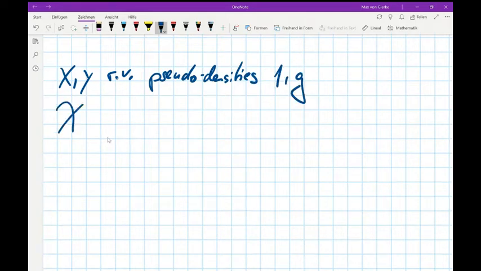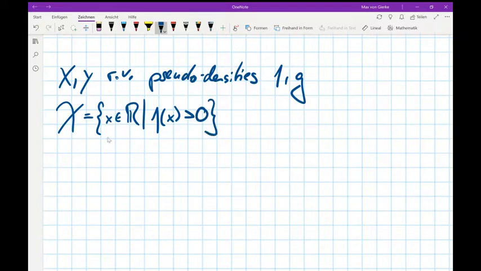We had this set X, the set where f is positive, so that's basically just the support of f.